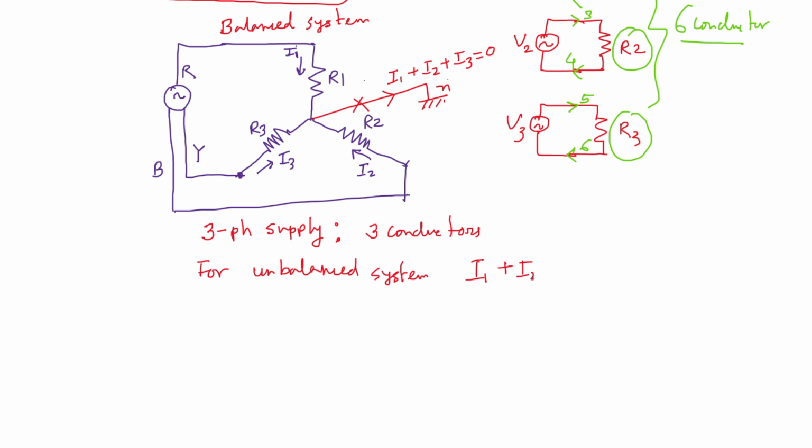Some current will be flowing, and that current is called the neutral current, IN. To provide the path for the neutral current to flow, we require another conductor. So for a balanced system we require three conductors, or for an unbalanced system we require four conductors.